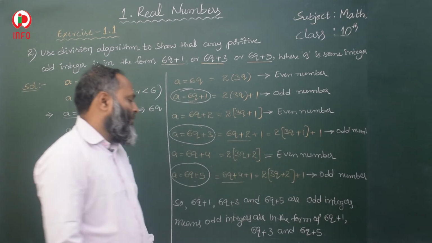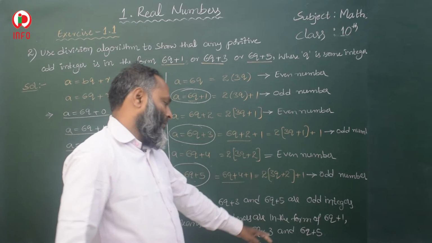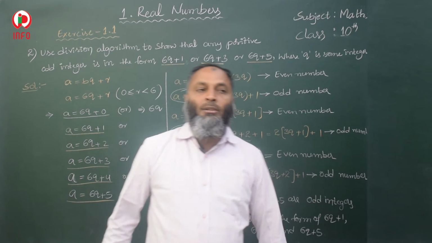Okay, odd integers are in the form of 6q plus 1, 6q plus 3, 6q plus 5.